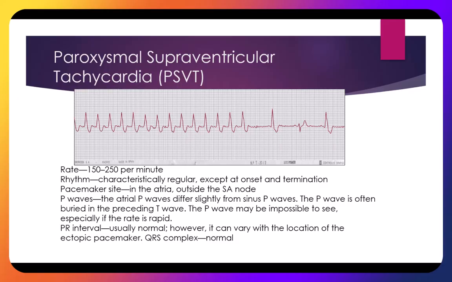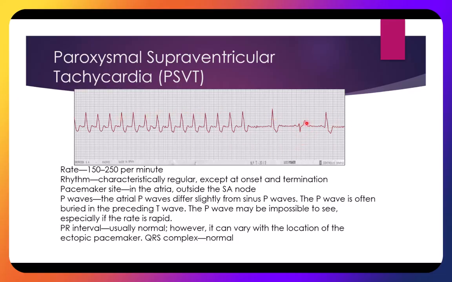So basically, now it says 150 to 250 per minute, but for our class, we're going to use anything higher than 130. Now, the rhythm is normally regular except when you see it start and or stop. So you can see right along through here, it's just tacking along, and then all of a sudden it slows down.